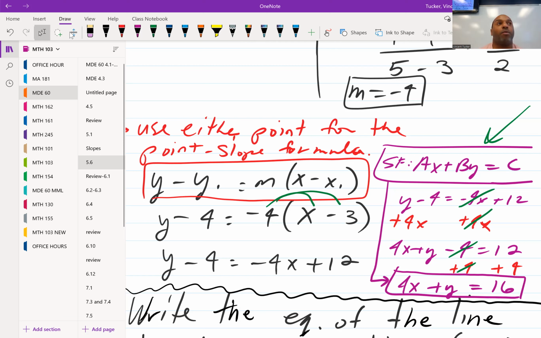So if they ask for y-intercept form, make sure you solve your equation for y. That's y equal to mx plus b. Or if they ask for a standard form, this is your standard form. Now, if you have it right, but you put it in the wrong form, it should tell you. It should say something like the answer is correct, but it's in the wrong form.